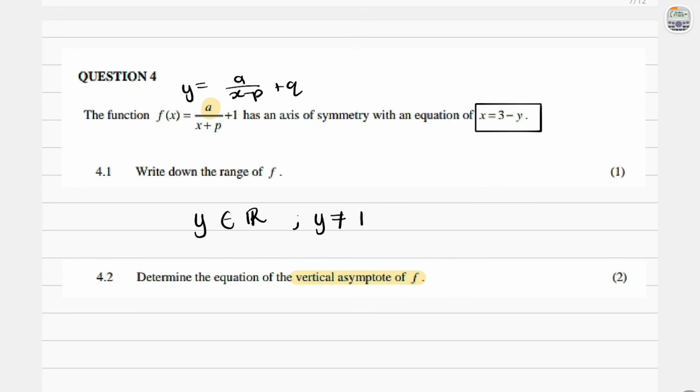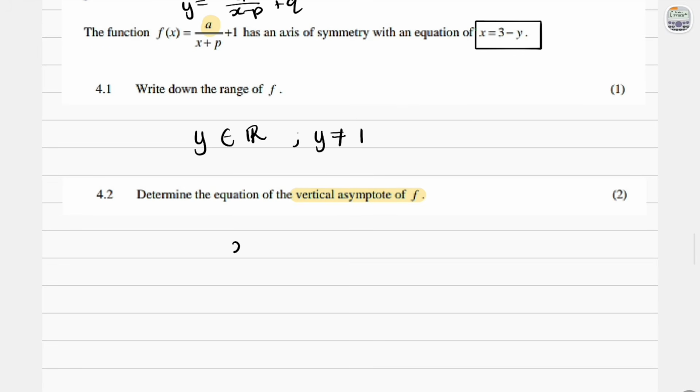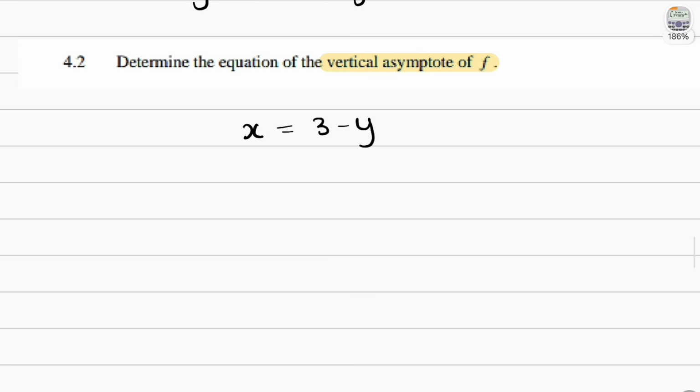You see, this is the axis of symmetry of this equation, but it's just not in standard form. So x equals 3 minus y, and let's put it in its standard form. Right now the y is negative, transpose it to make it positive. And so then the x goes over and becomes negative x plus 3.